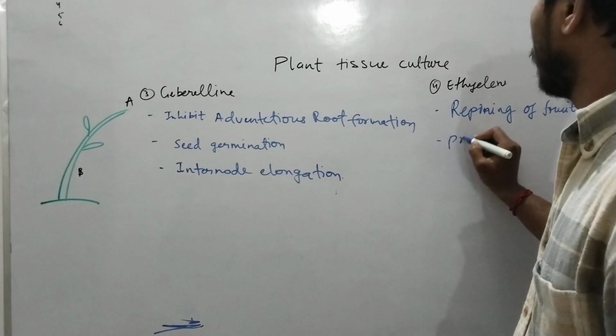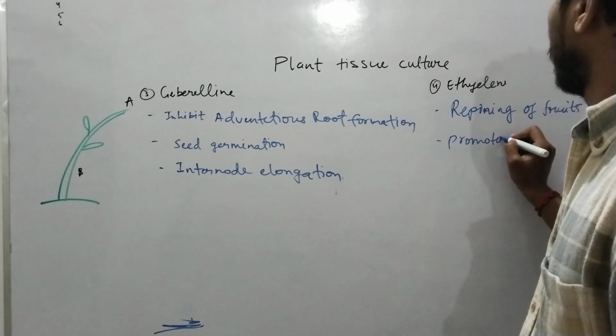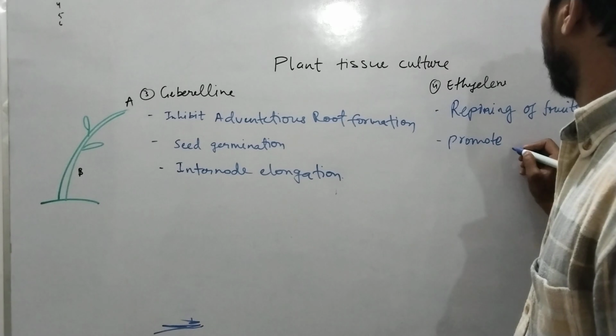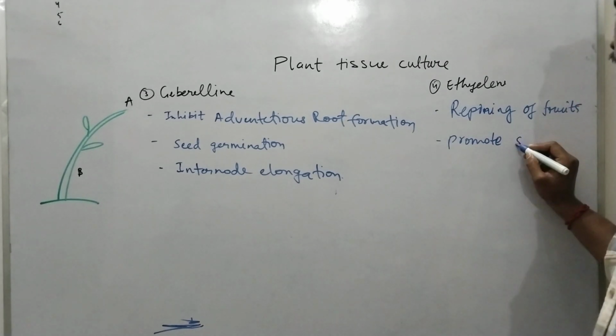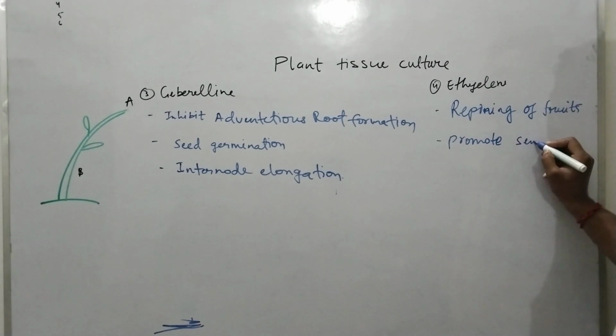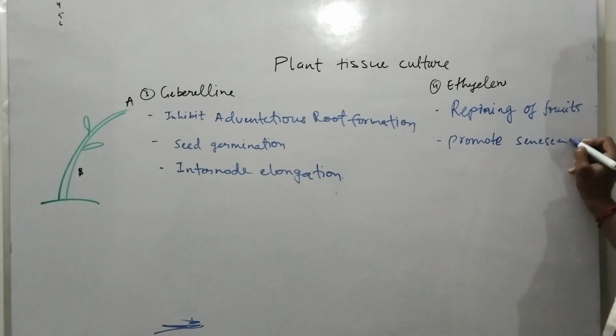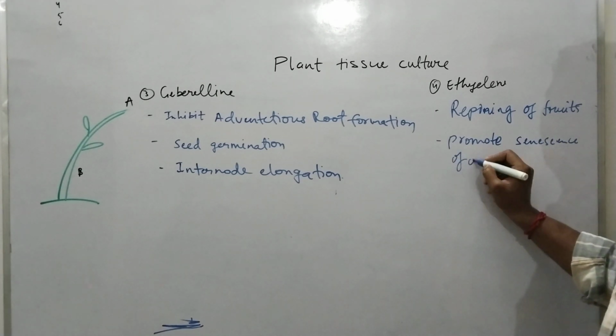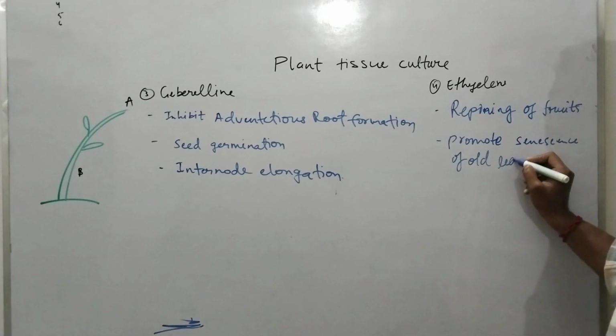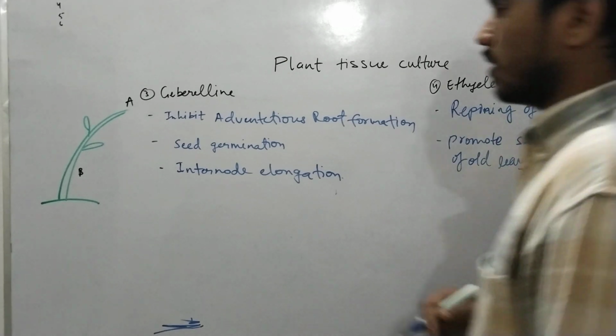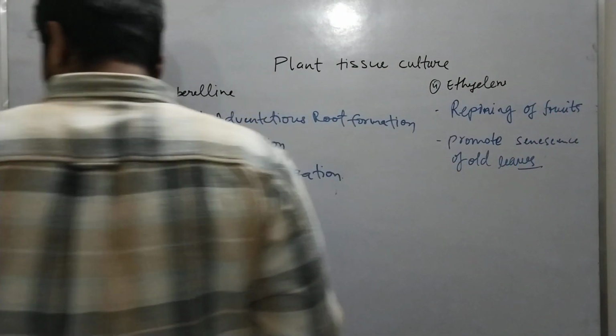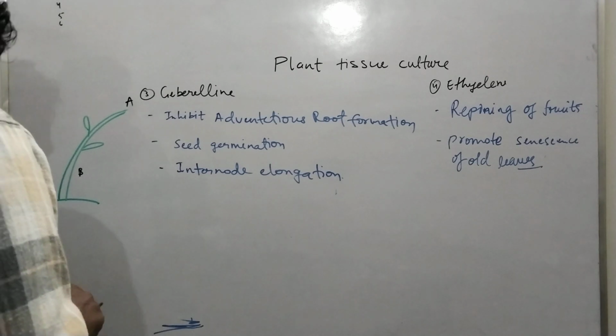It will promote senescence of leaves, of old leaves. Usually, it will help in the ripening of the fruits and senescence of the old leaves.